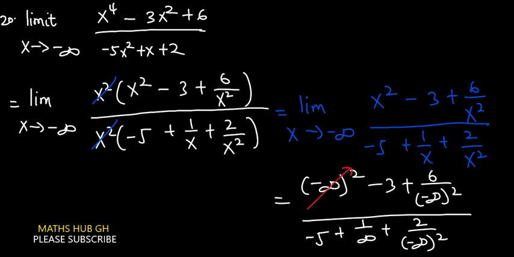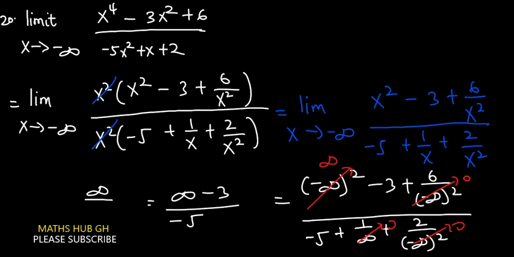This value will approach positive infinity, this will approach 0, this will also approach 0, and then this will also approach 0. So at the end, you're going to have infinity minus 3 divided by minus 5. Infinity minus 3 will still give us infinity, so we are going to have infinity divided by minus 5, and that is going to give us an answer of minus infinity. So that will be our answer for this question also. So let's look at the next question.